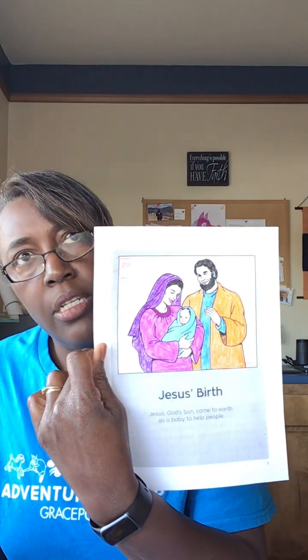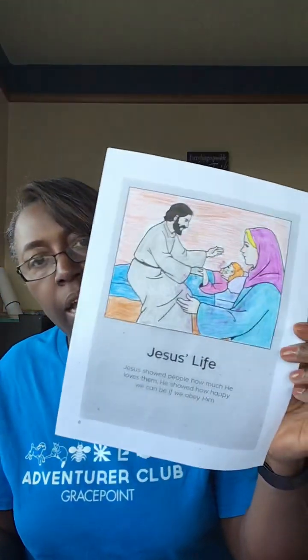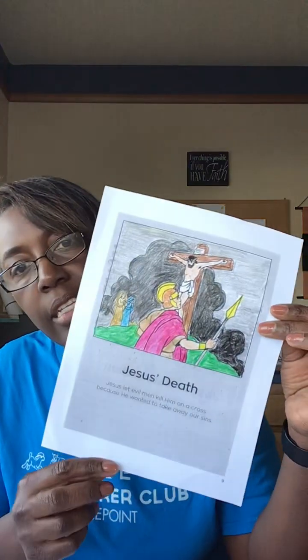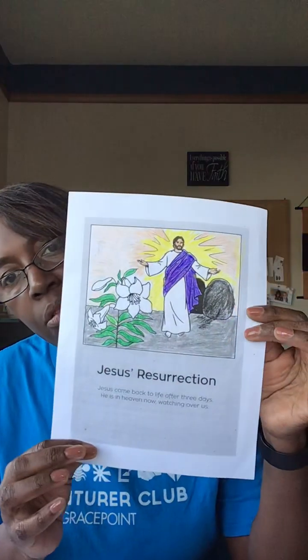This is a picture of Jesus' birth. Then we have a picture of Jesus' life, Jesus' death, and Jesus' resurrection. So the first thing you can do, Sunbeams, is to colour those pictures in. There are 4 pictures there for you to colour.